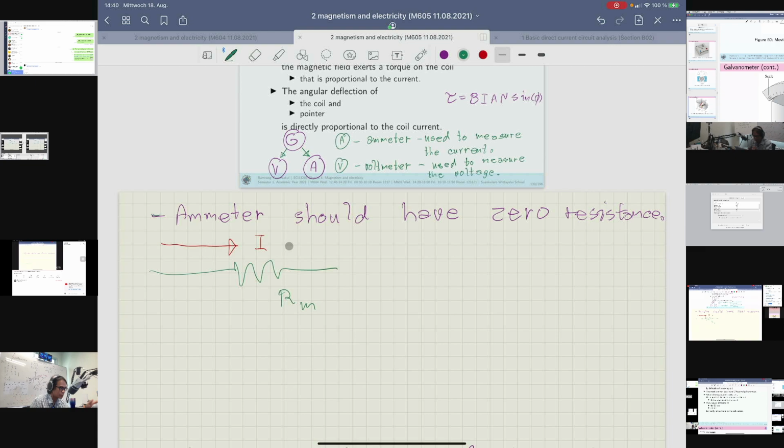current measure device, which is the ammeter, let's say it's A here, connected there, right? Like that.